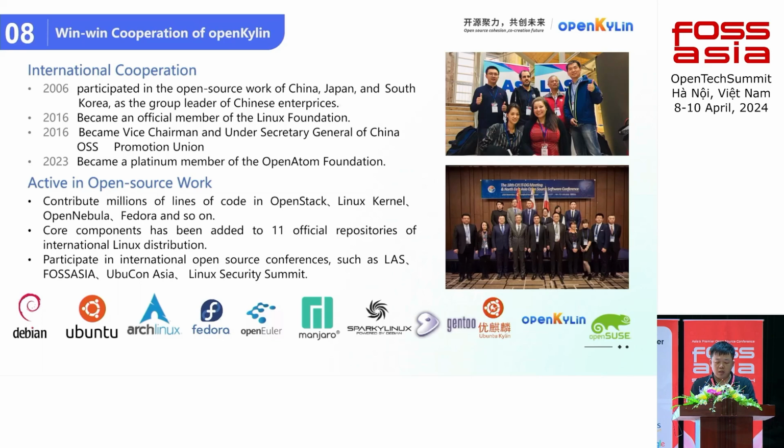In the same year, we became the Vice Chairman and the Deputy Secretary General of the China Open Source Software Promotion Alliance. Just last year, we became a platinum member of the Maozhou Foundation. We are continuously involved in open source work.